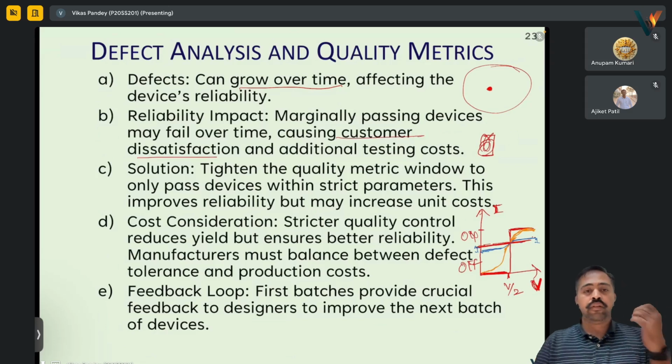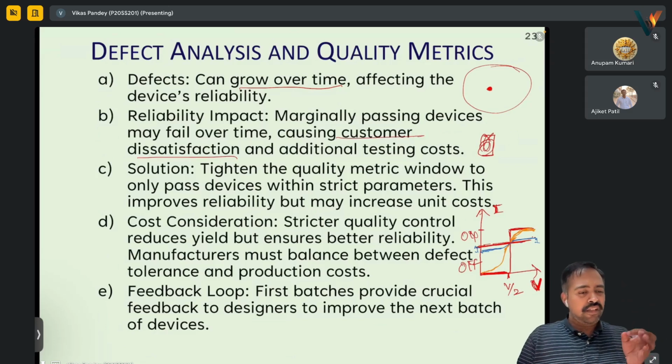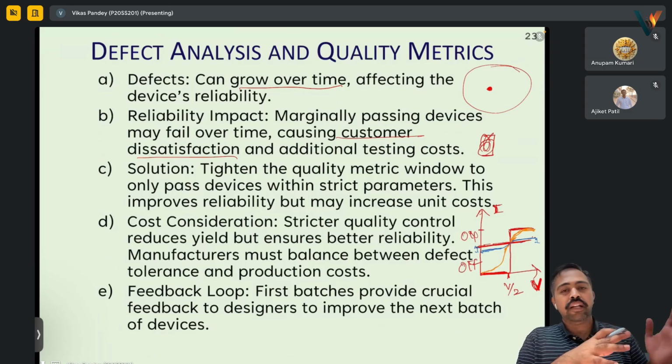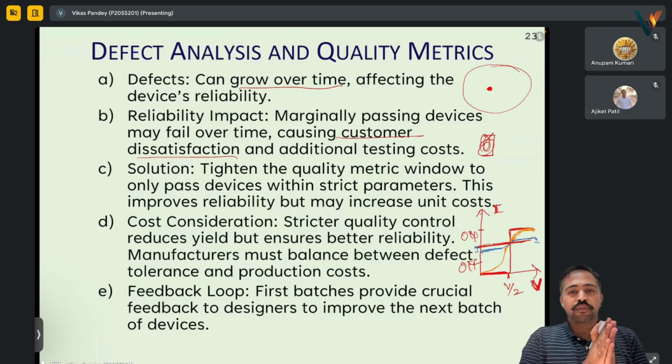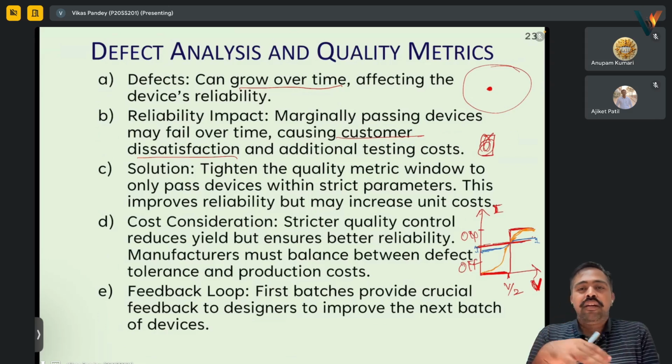So we checked, okay, it is on and off, but what is the quality of this on and off? That is the question. If it passed during testing and we put this in, say, our mobile phone, then over a period of time it will start behaving randomly.